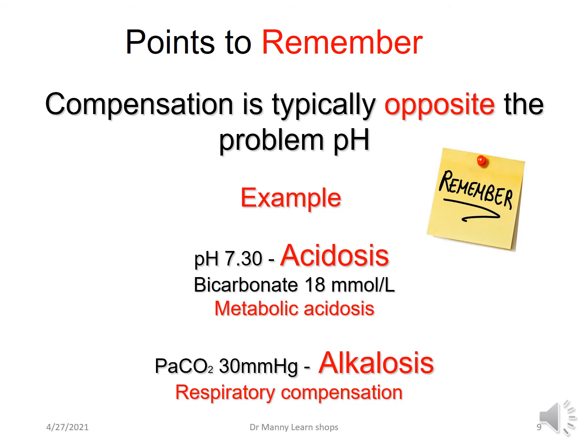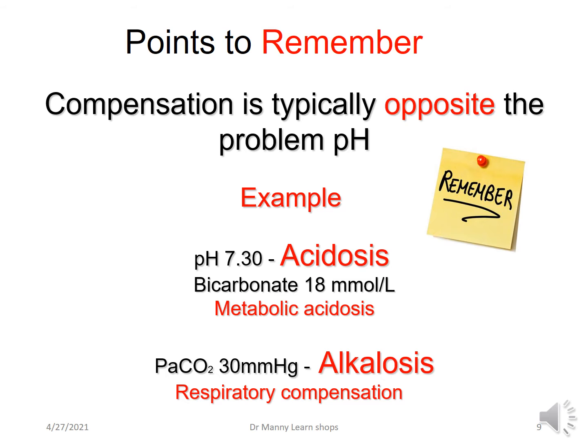So points to remember, think of it now. Compensation is typically opposite the pH problem in most cases. So for example, a pH of 7.3 indicates acidemia, acidosis. The bicarbonate of less than 22, 18 millimoles per litre, indicates a metabolic acidosis.